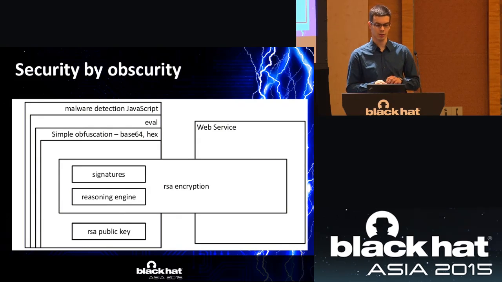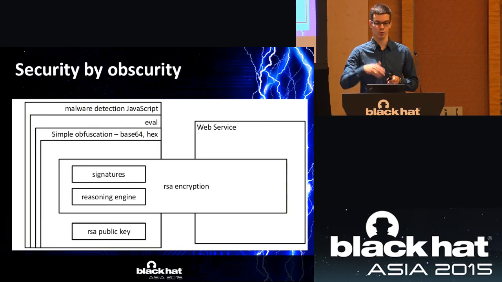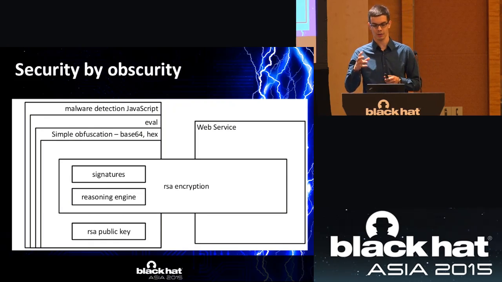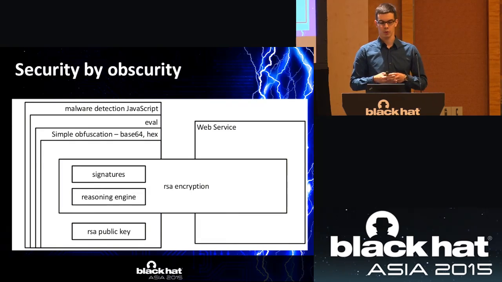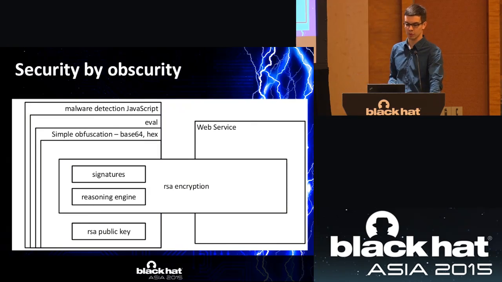We found either the solutions had no obfuscation at all, so the logic was quite clear about what it does and how it works, or the obfuscation was quite easy to deobfuscate, for example, one layer only, some eval with a hexified string. So it was quite easy to get to the logic and, for example, to see the signatures which were embedded there. We also found, as Kuba mentioned before, some encryption.